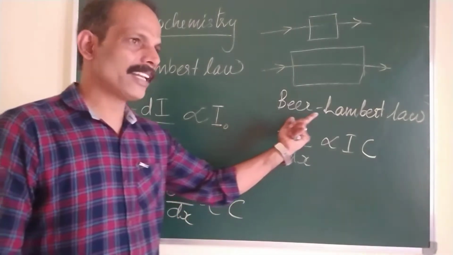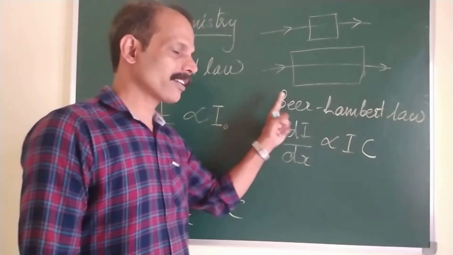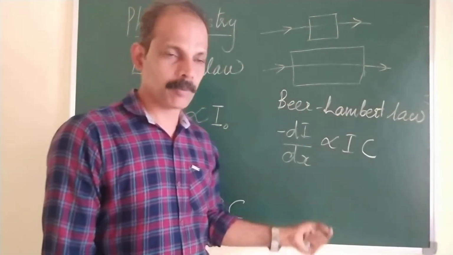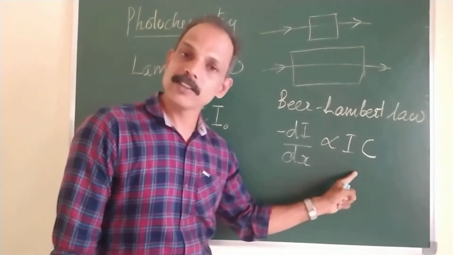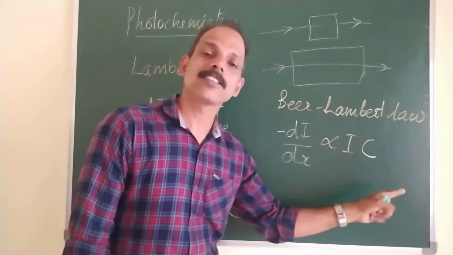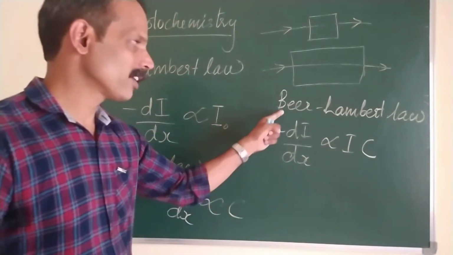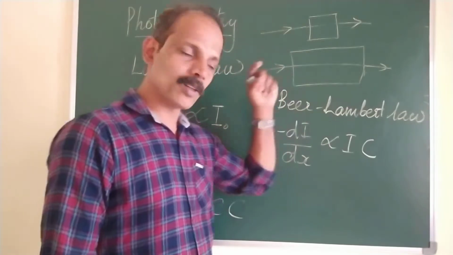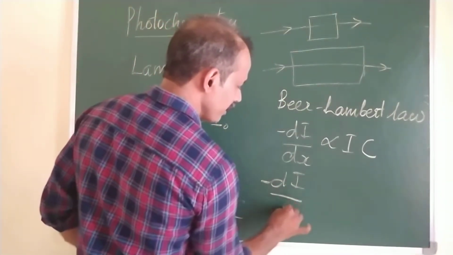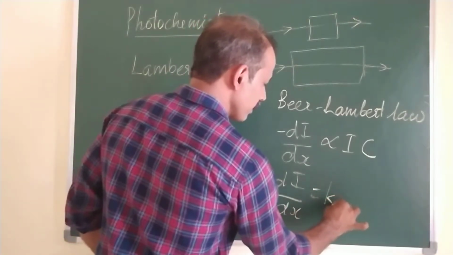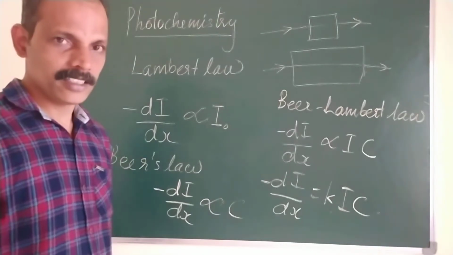So when a monochromatic light is passing through an absorbing medium, the decrease in intensity is proportional to the intensity of the incident radiation as well as the concentration. This law is known as the Lambert-Beer law or Beer-Lambert law, and we can put it as dI/dx = -K I C, where K is the proportionality constant.